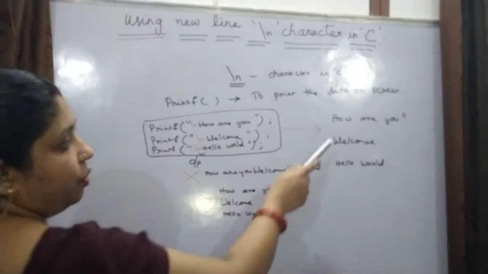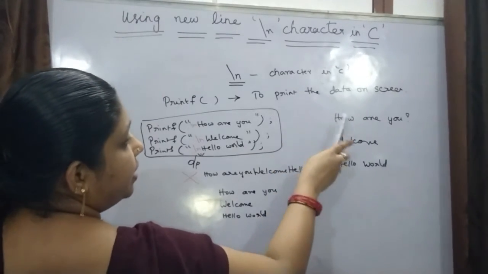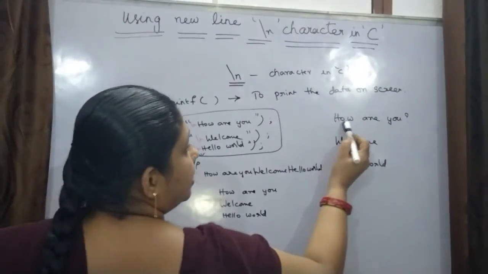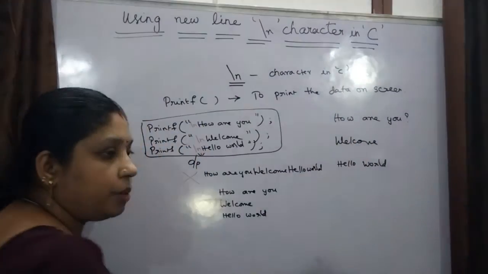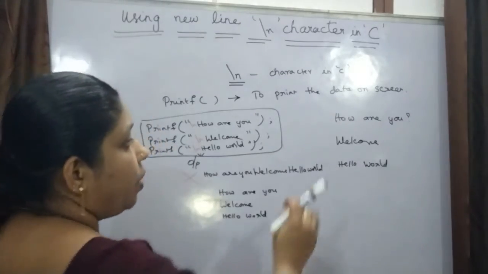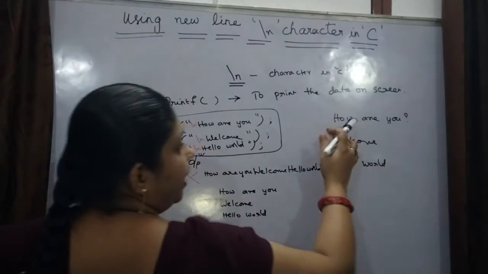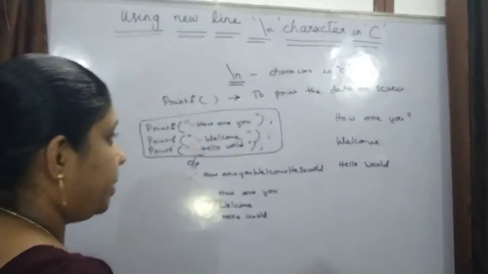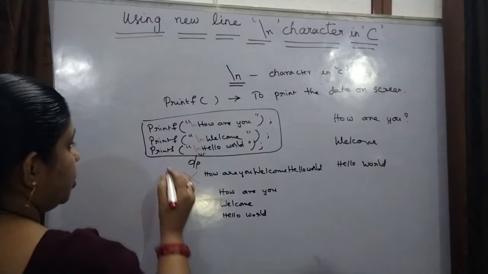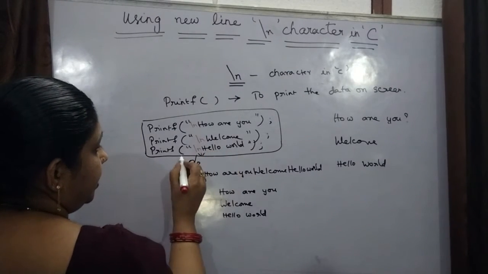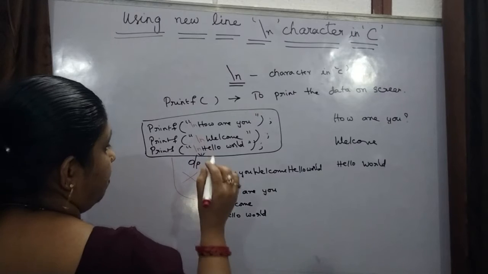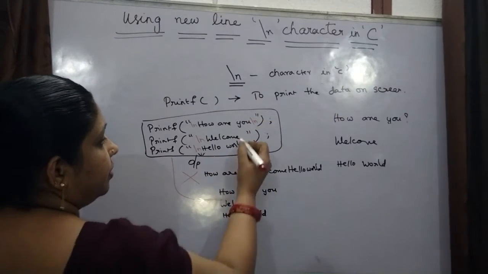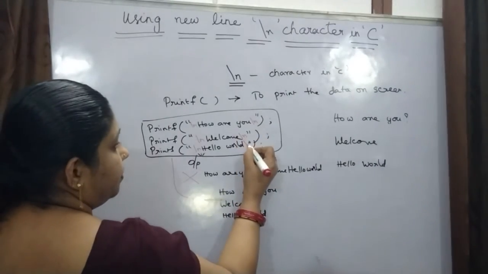Suppose after printing the first statement you want to skip one line, that means one whole line should be blank, and then it should come to the next line. If you want to print like that, this will print in this way. Now suppose you give one more \n here, what happens? I will tell you.